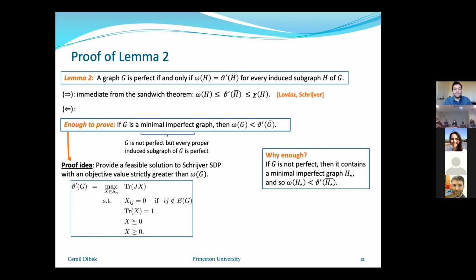Yeah, I see. So in this lemma 2, we are more on this side, right? We close the gap, as you say, between the clique number and the Schreiber number. But I can confirm that it is also true that a graph G is perfect if and only if the Schreiber number and the chromatic number are the same for every induced subgraph. But in terms of the set descriptions, like this STD and PSD, I don't know which set the chromatic number would correspond to.